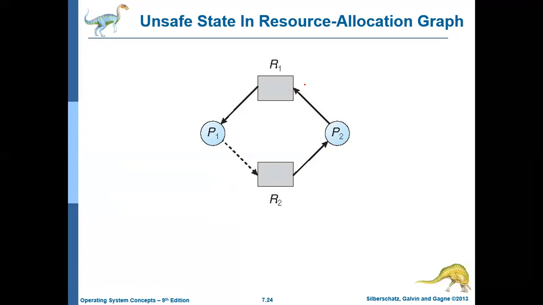Whenever a process requests a resource, the operating system should not immediately allocate the resource. Instead, it should assume the resource is allocated, and then check in the resource allocation graph whether there is any cycle. If there is a cycle, then the system will enter an unsafe state, and so that request should not be accepted.